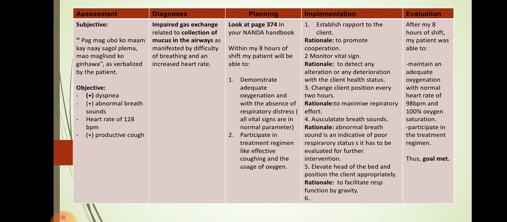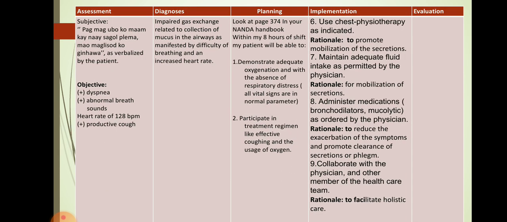And this, as you can observe, the first to fifth interventions are mostly independent, okay? Independent pasabot we as a nurse, it's our initiative as a nurse. But as we go along the way, the utilization of chest physiotherapy and increasing the fluid intake of the clients are already dependent interventions.